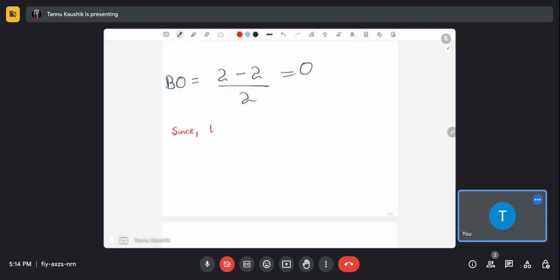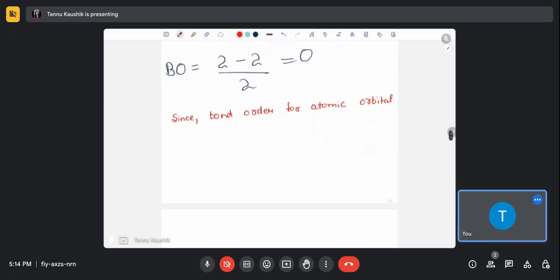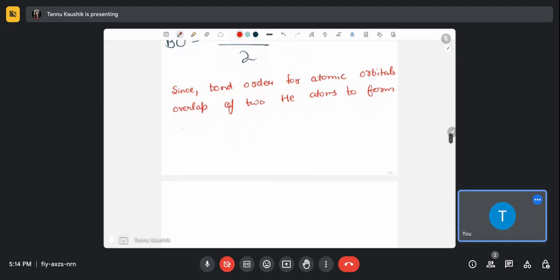since the orbital overlap of two helium atoms to form a helium molecule has bond order 0.